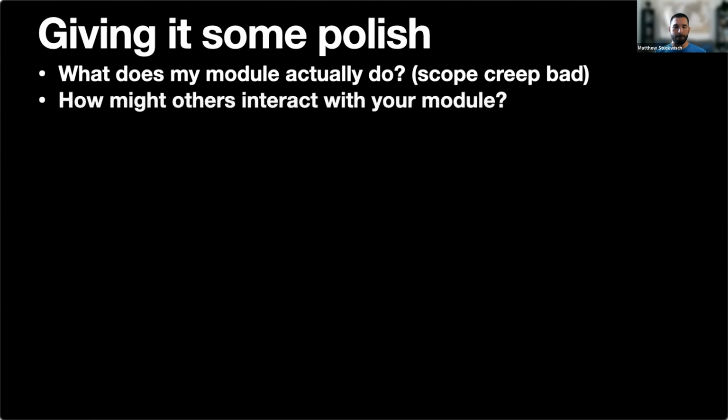A big question for me is, how might others interact with your module? If I am allowing some particular feature, like the one Liz mentioned, this from module to handle symbol clashes, I could imagine, without having looked inside the code or remembering exactly how it works, a couple of different ways that could be handled.